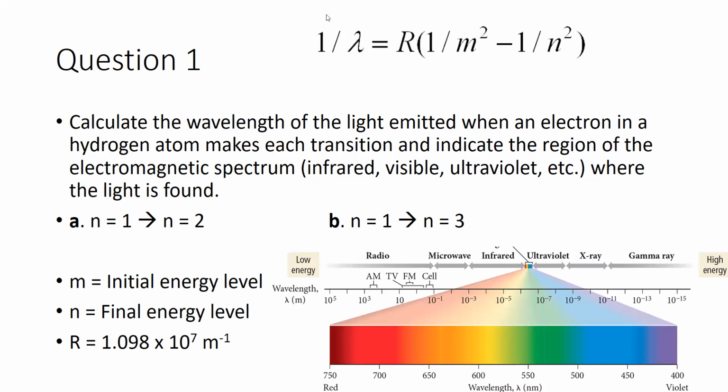I just noticed a typo when I was reading this. Since we're starting at the first and going up, we will always absorb light. So see if you can figure out what wavelength of light we're dealing with here, and tell me where it falls on the electromagnetic spectrum down here. I'm going to give people a couple minutes to get their hands on the Rydberg equation, and then I'll be back. If you have questions, please let me know.